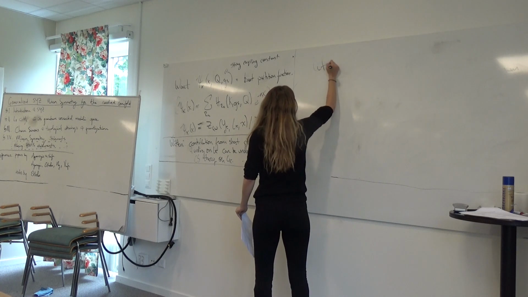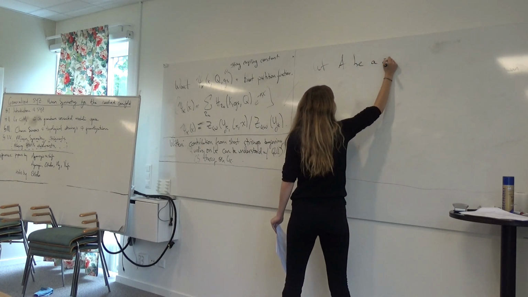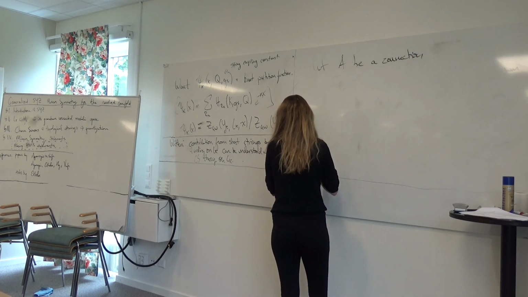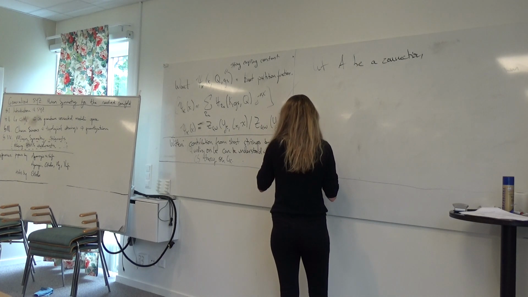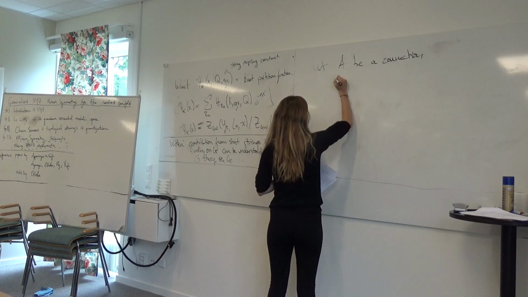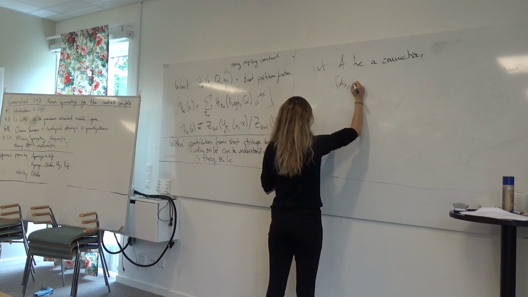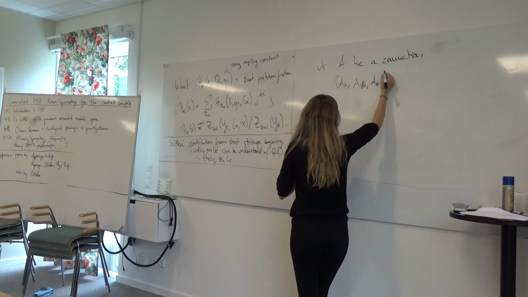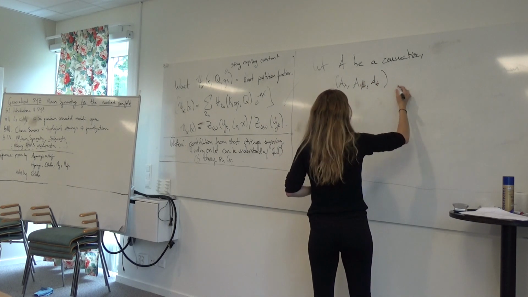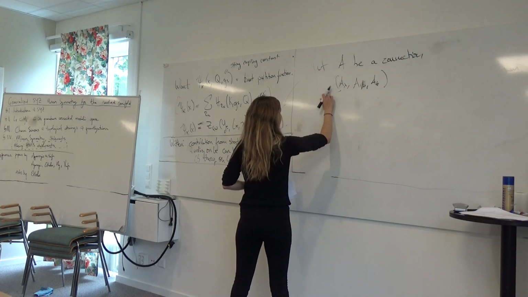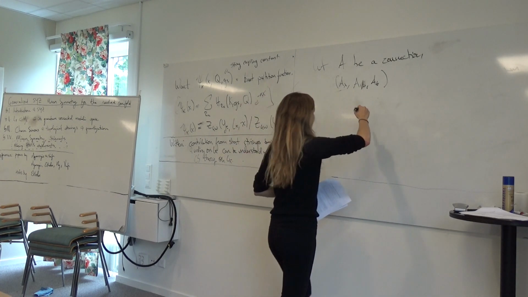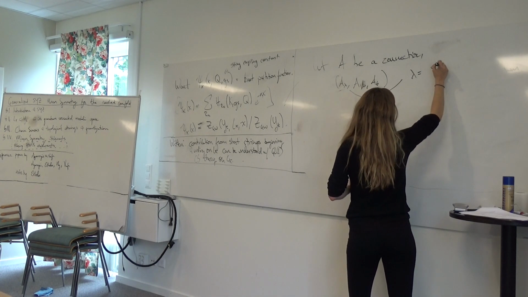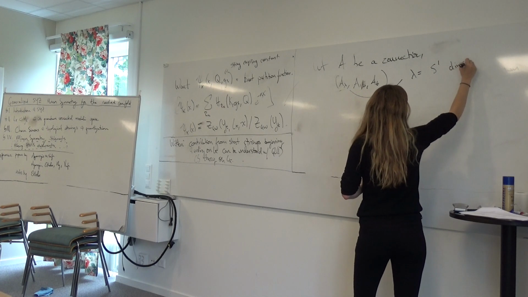So let A be a connection, and then we can write down coordinates. A lambda, A mu, and A t. So there are 3 coordinates. Lambda corresponds to the S1 direction.